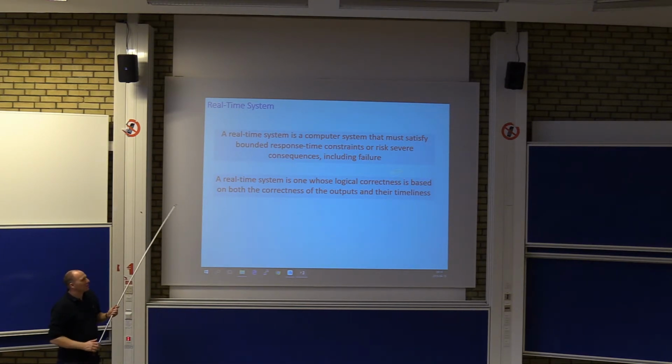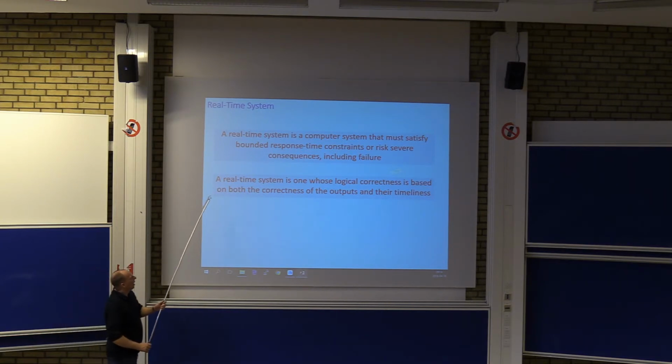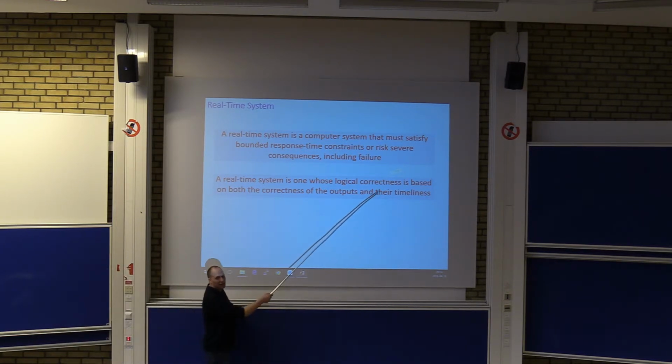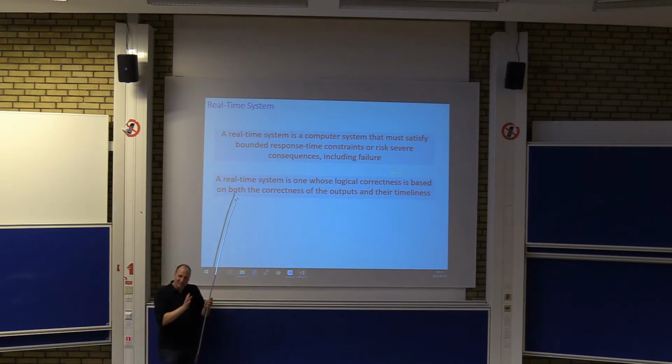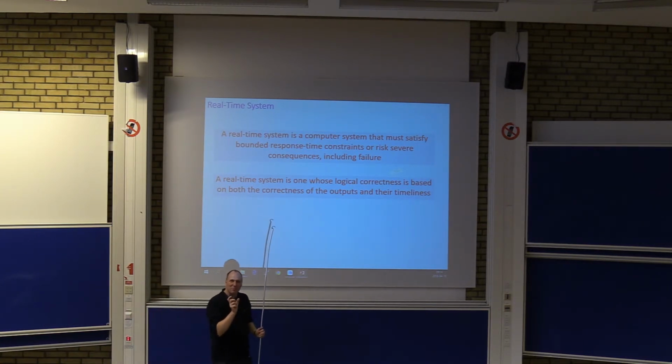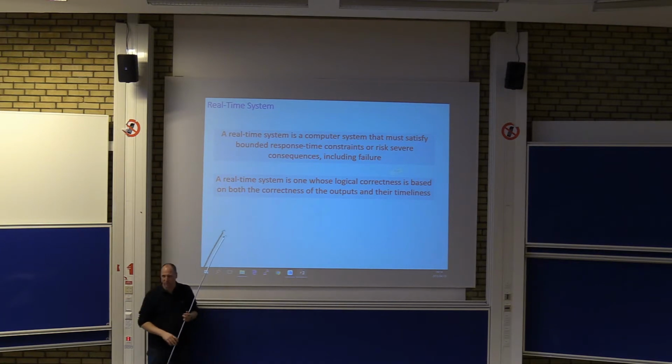For a real-time system, it does not only depend on the logical correctness, meaning, for example, that we sorted an array correctly, but also that we did it on time. And it might be very tight to do this, or it can be quite relaxed, and that depends on the application.